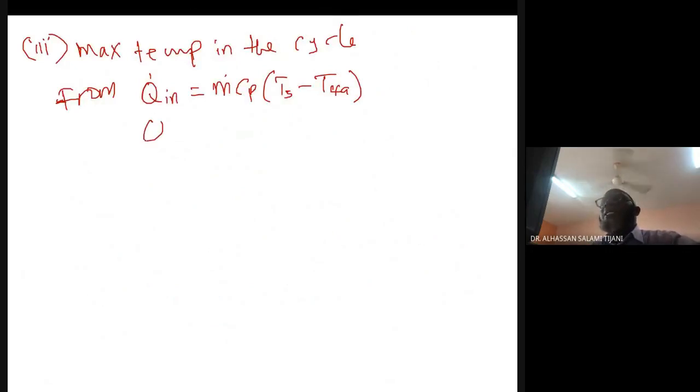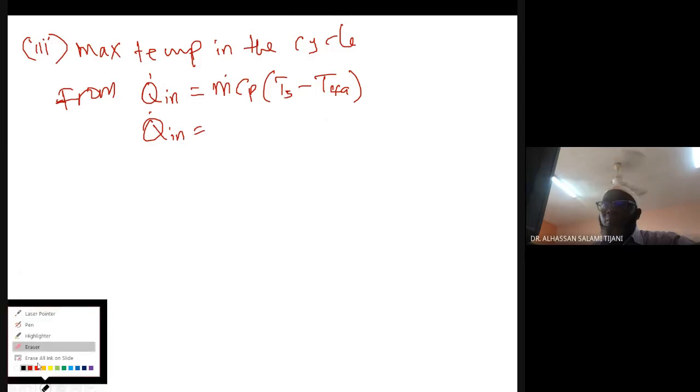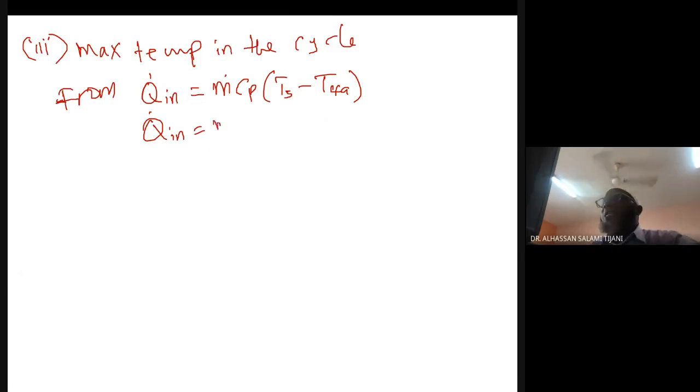And it is equal to the change in enthalpy between the two states. So that gives us mass flow rate into bracket H5 minus H4A.